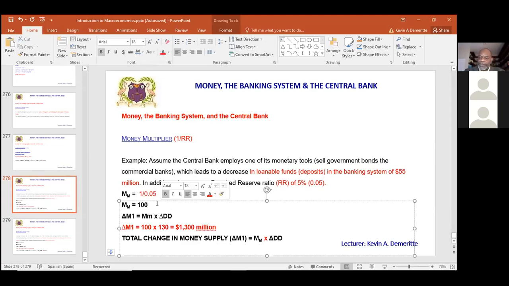And what's 1 divided by 0.05? Somebody? 20. Thank you very much. Okay, so now we just plug everything into our formula. Our formula says the change in the money supply is our money multiplier, which we worked out to be 20, times our change in demand deposits, which the central bank changes, which is 55.